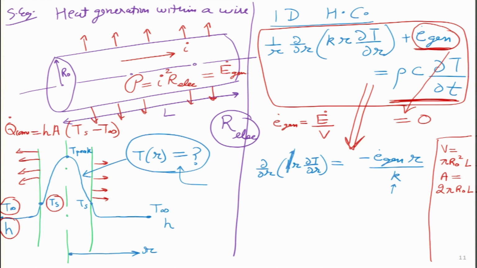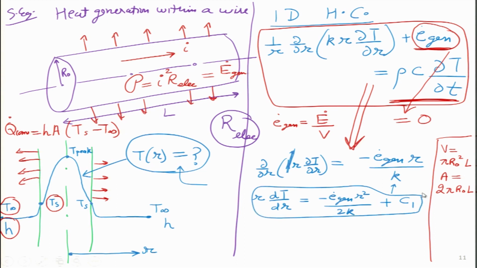Now, if I integrate this equation once, what I will get is something like this. We have r dT by dr equals, on the right hand side, minus E dot gen r square by 2k plus a constant C1. Then if I integrate it one more time, what will I get?